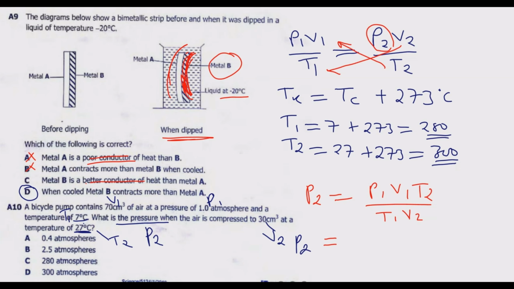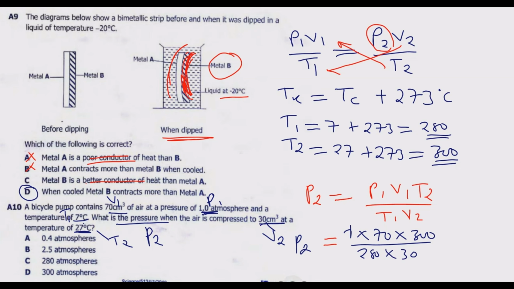Pressure 1 is 1, multiplied by volume 1, which is 70, multiplied by temperature 2, which is 300, divided by temperature 1, which is 280, multiplied by volume 2, which is 30 centimeter cubed.